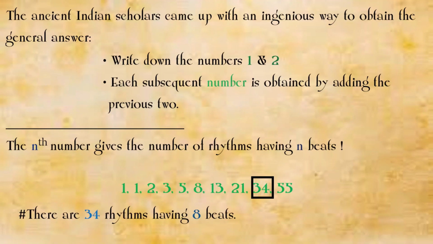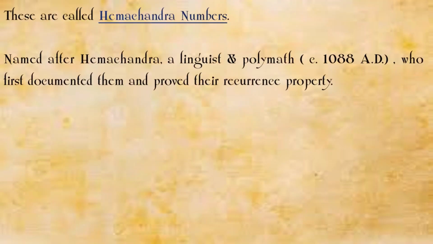As you can see, 1, 2, 3, 5, 8, that is the sum of the previous 2, 13, 21, 34, 55. So, if you remember the previous question which was asked, there are 34 rhythms having 8 beats. These are called Hemachandra numbers, named after Hemachandra, a linguist and polymath, who was the first to document them and prove their recurrence property.